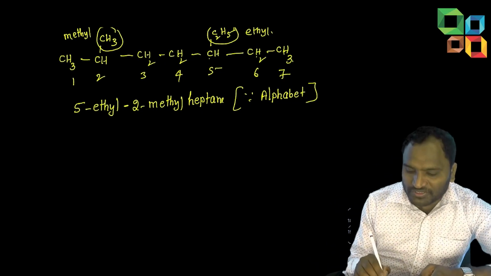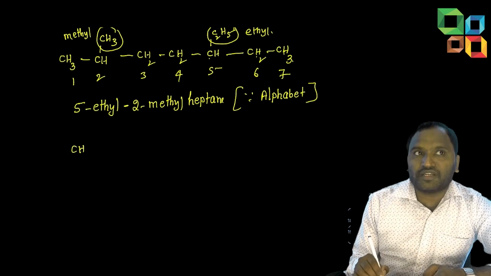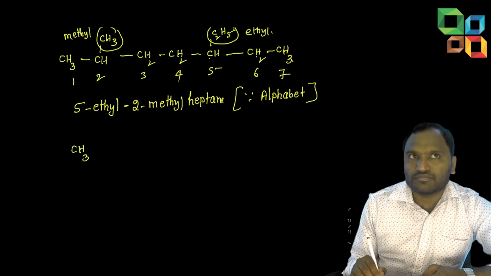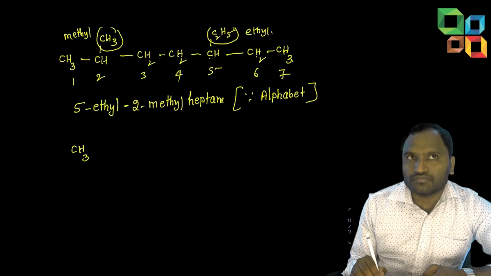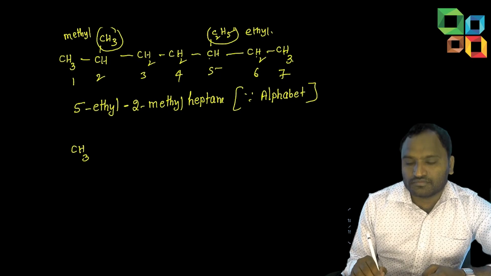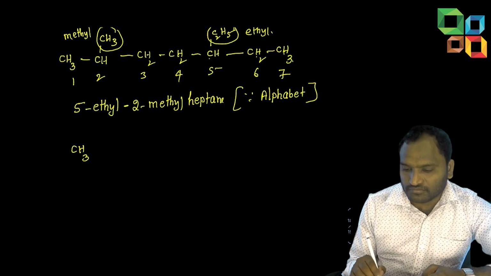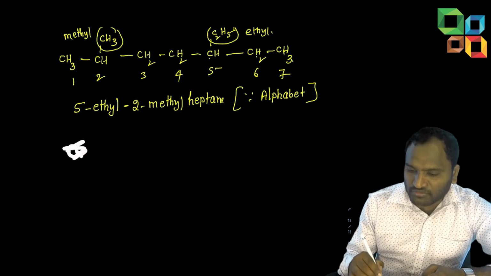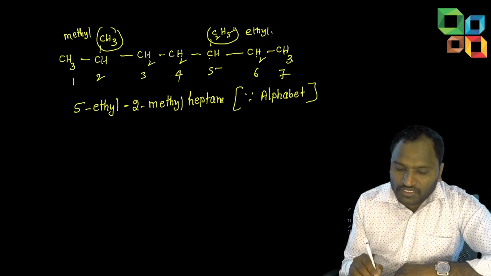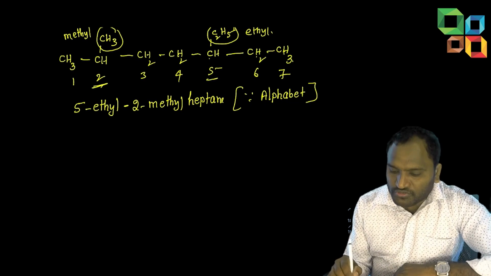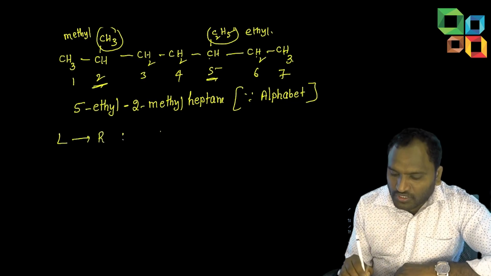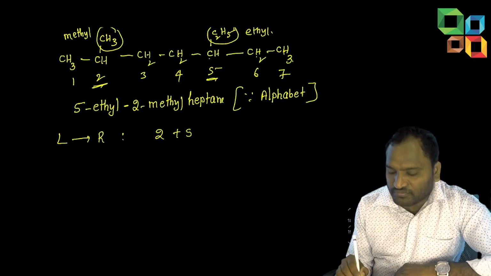Next, one more thing I will do. Samarth, if we had done the numbering from right to left, the ethyl group would have been on third, right? So why is it not legitimate? For that, one more technique I give. Tell me, students, from left to right, the substituent positions are 2 and 5, yes or no?